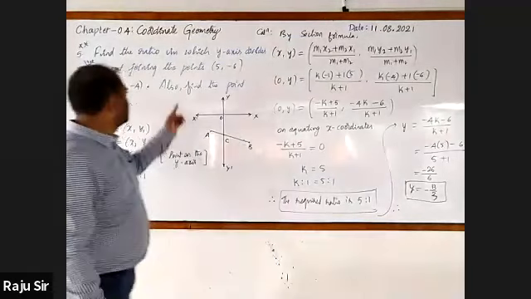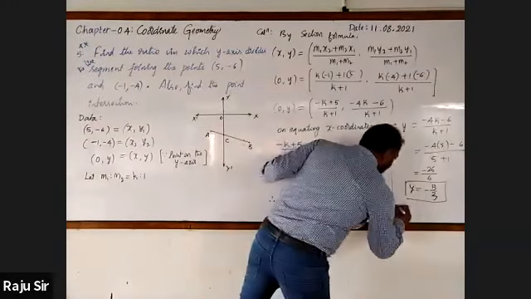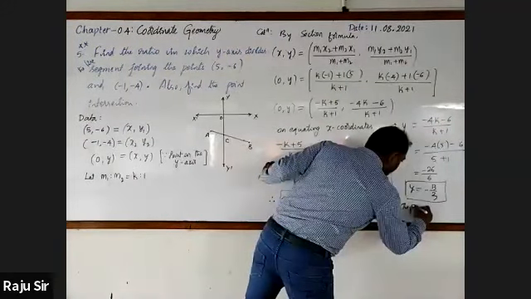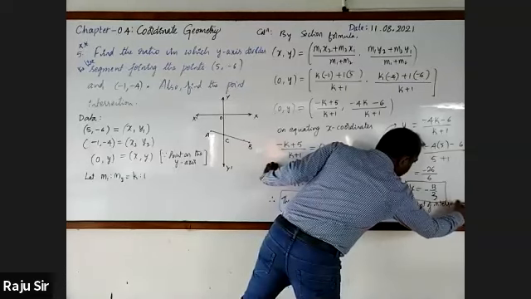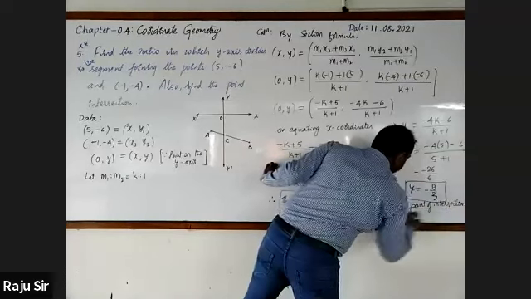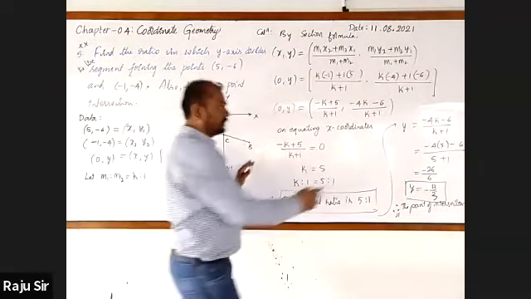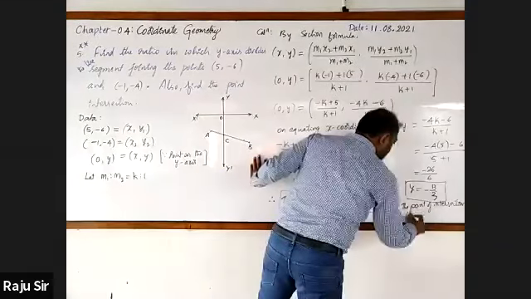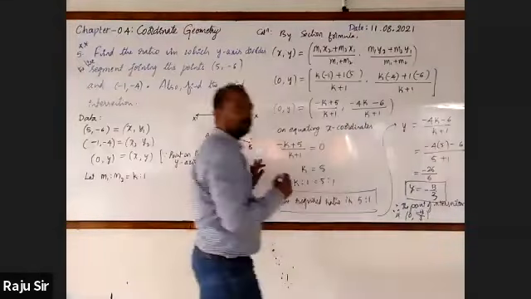The point of intersection (0, y) is nothing but (0, -13 by 3).